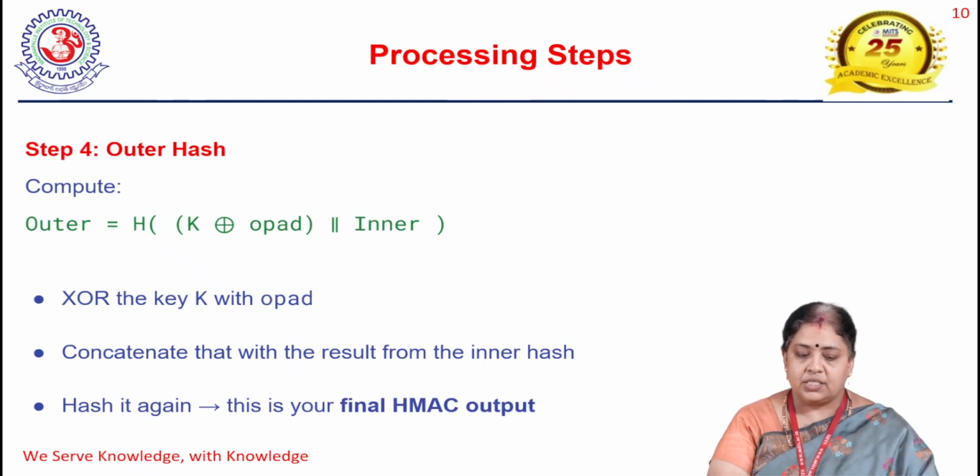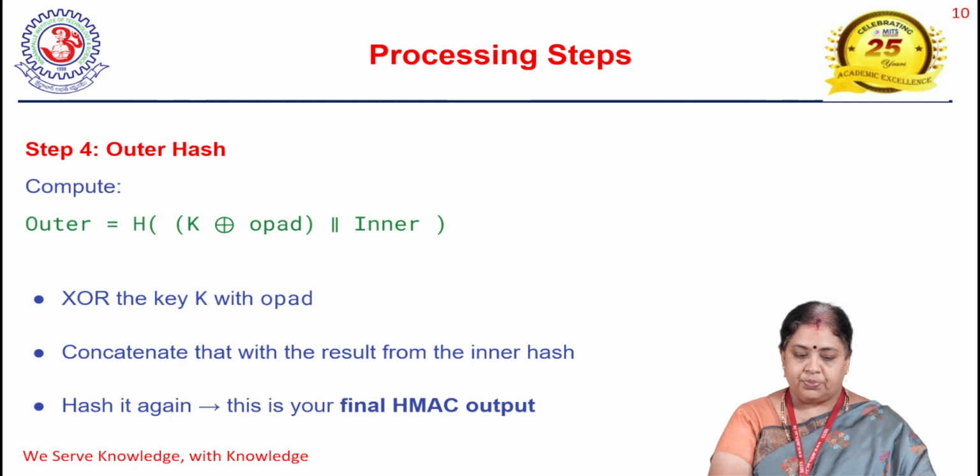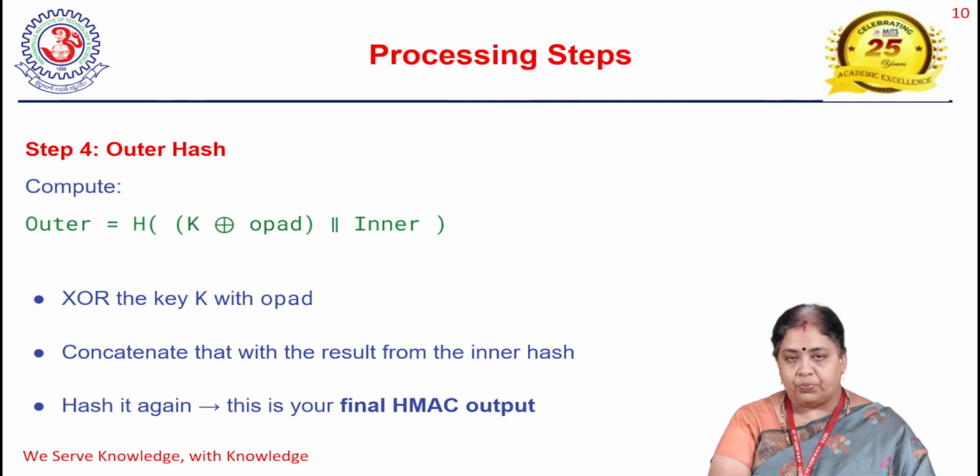In the outer hash, the same secret key is taken and XORed with the other constant we prepared, called OPAD. The result is concatenated with the inner hash. Then the whole thing is given to the hash function to produce the final MAC output. That is the final MAC code, which ensures the integrity as well as the authenticity of the message. Okay.